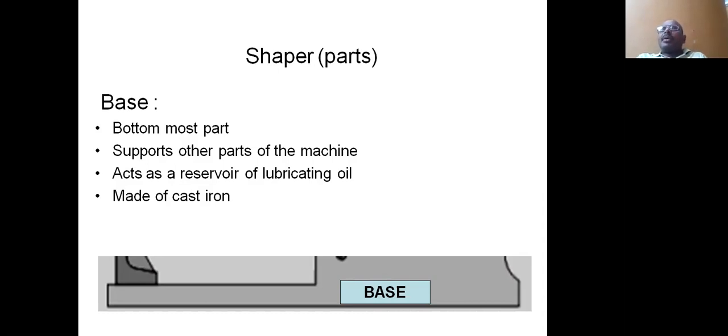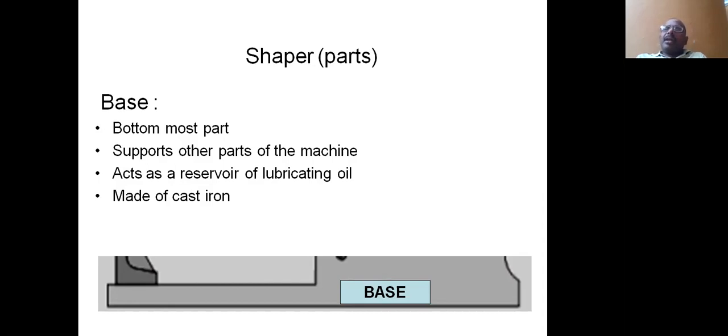This topic we discussed in the previous semester. So cast iron is the metal best suited for the metal casting process. That is the first advantage during manufacturing. The second advantage: if the base is made with cast iron, cast iron has an important property, it can absorb vibrations very easily.